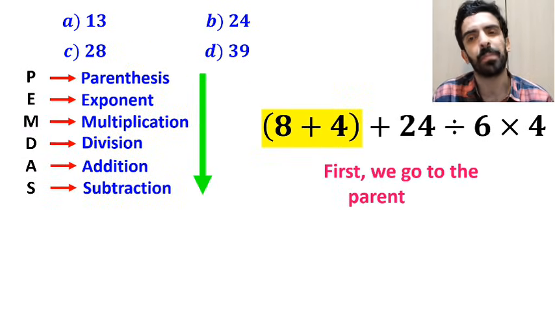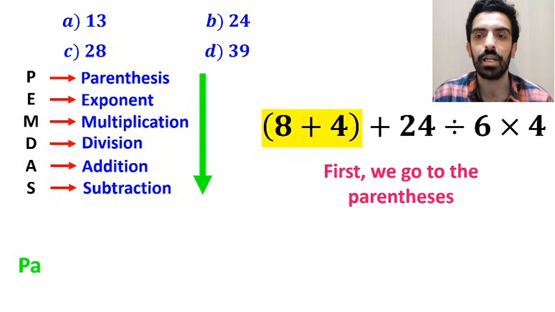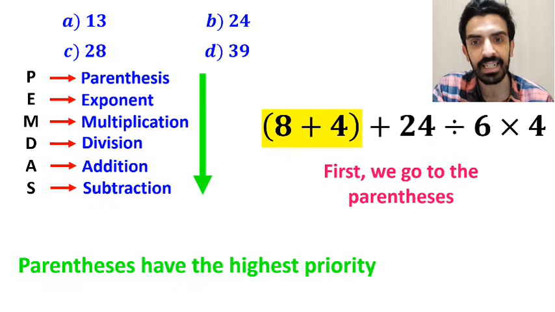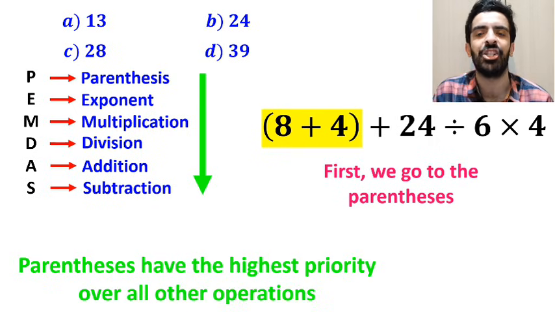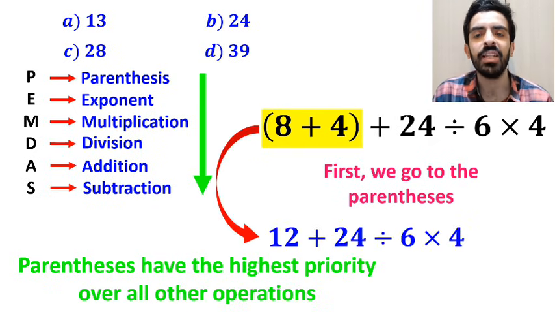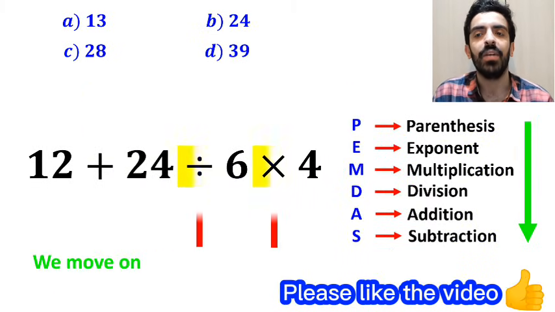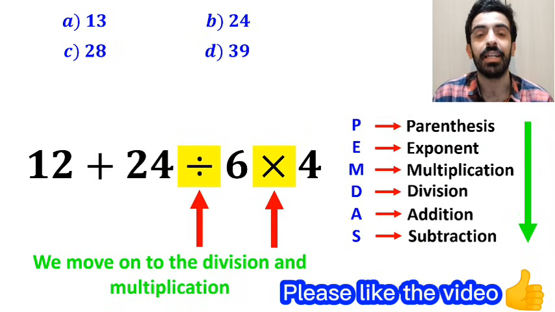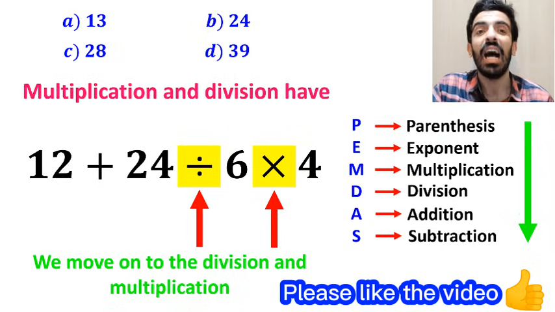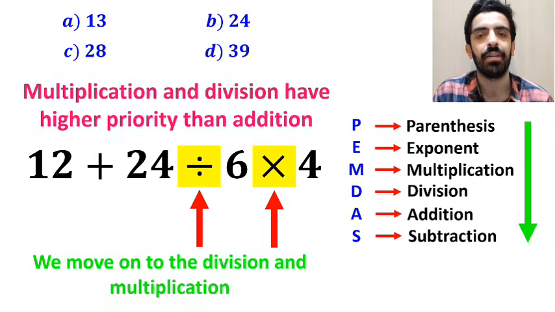Okay, first we go for the parentheses because according to the PEMDAS rule, parentheses have the highest priority over all other operations. So, we can write this expression as 12 plus 24 divided by 6 multiplied by 4. In the next step, we move on to the division and multiplication because multiplication and division have higher priority than addition.